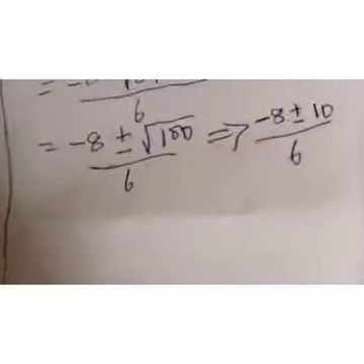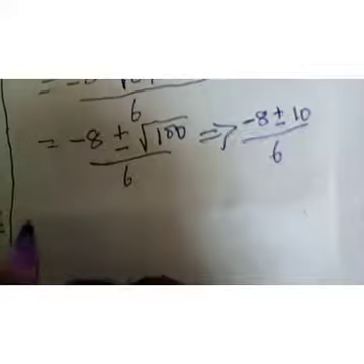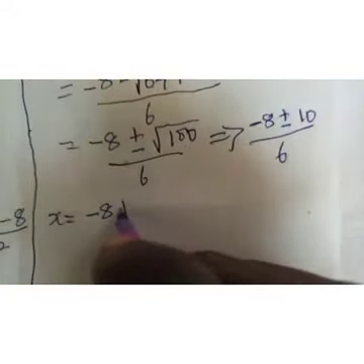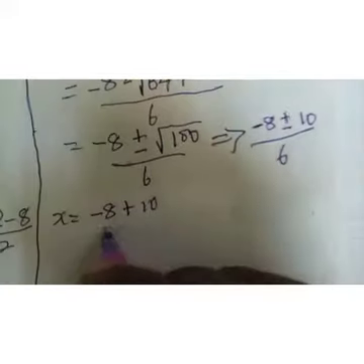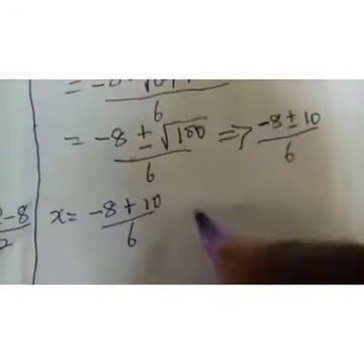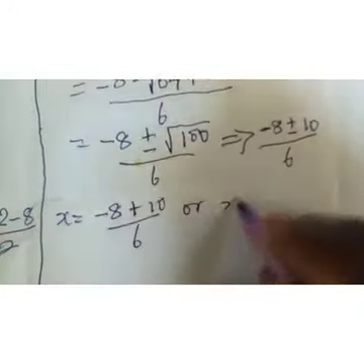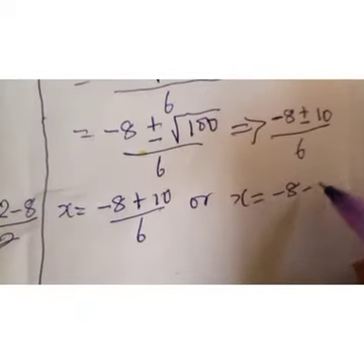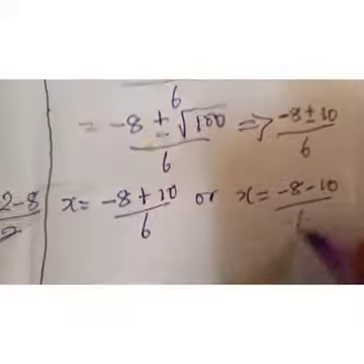Okay, so from here our x will be equal to negative 8 plus 10 all over 6, or x will be equal to negative 8 minus 10 all over 6.